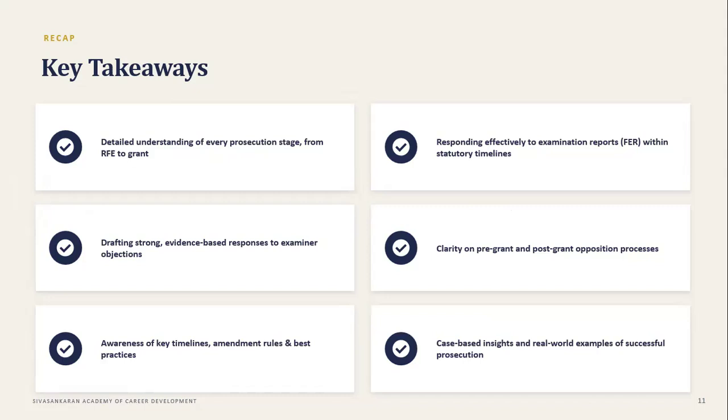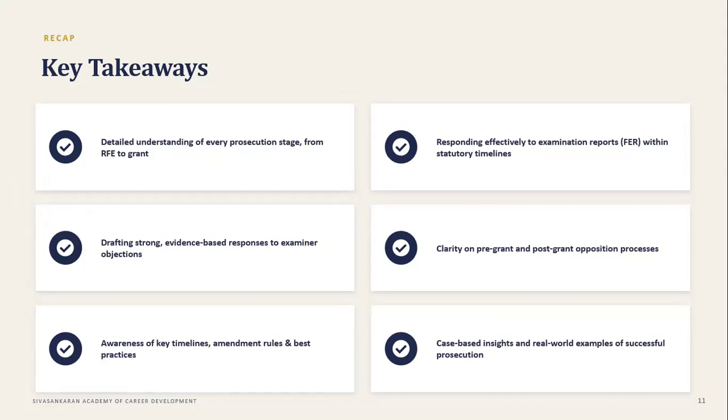Third, we have discussed the importance of preparing strong evidence-based responses to examiner objections. Fourth, we have understood the distinction between pre-grant and post-grant opposition. Fifth, we have highlighted important issues relating to timelines, amendments, and claim scope.